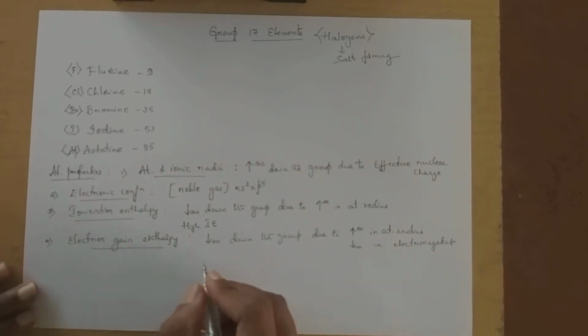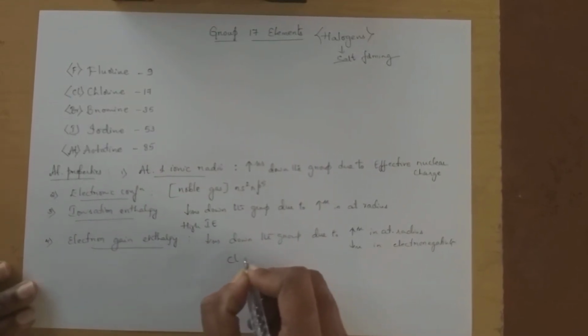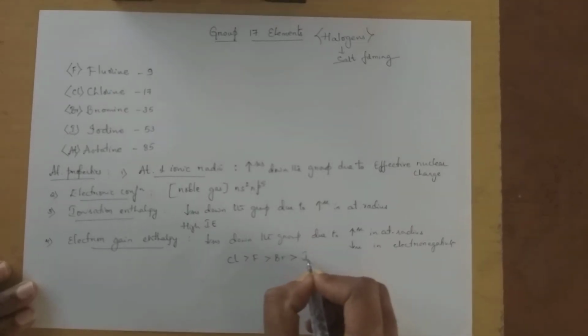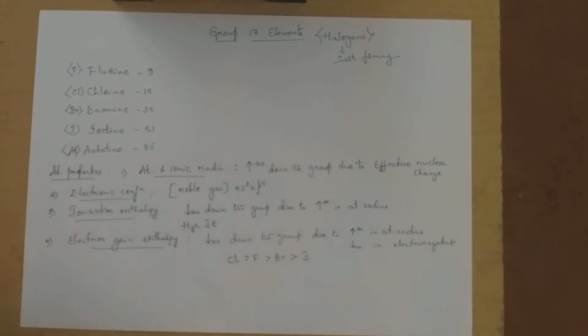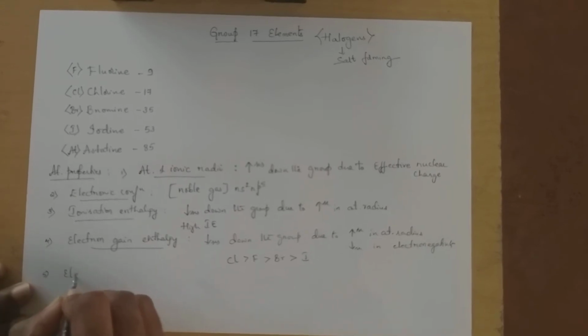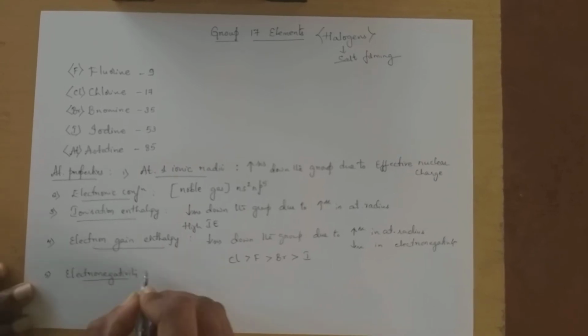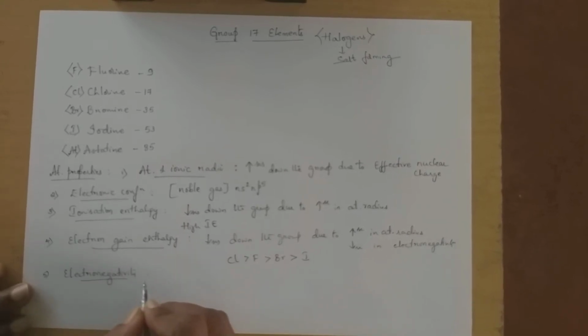So the order is chlorine, greater than fluorine, further greater than bromine, further greater than iodine. Clear? Next we have electronegativity. Usually these group 17 elements have very high electronegativity compared to other group elements.